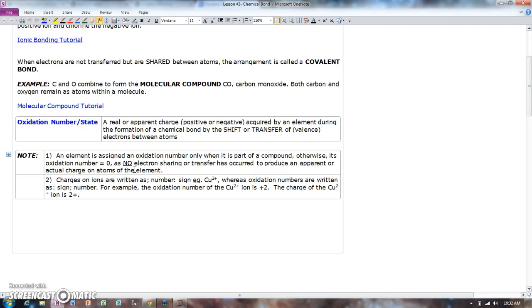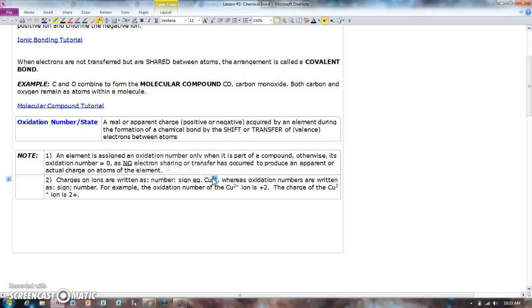Now, if some electron sharing or transfer has occurred, now we have charges on these ions. And we write it, as you can see here, with the symbol of the element, and then the charge up with the right, with the number first and the charge second. Okay? Now, the oxidation numbers themselves are written as sign, then number.